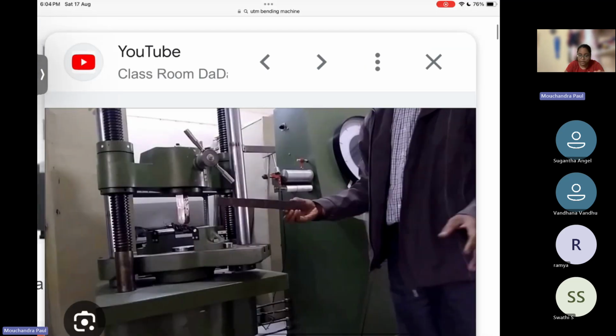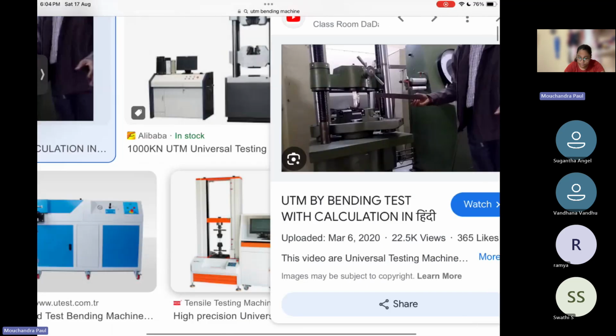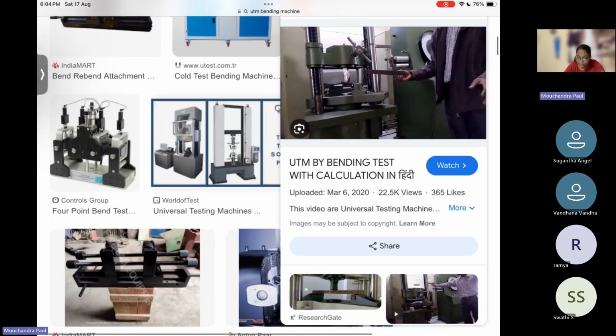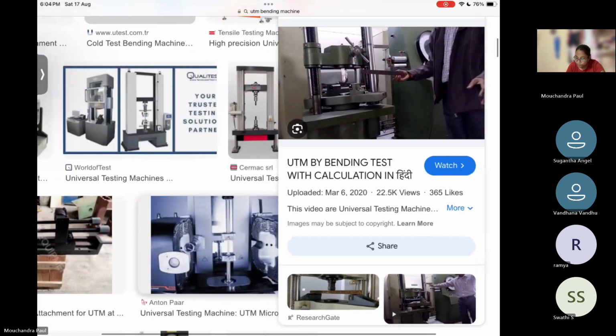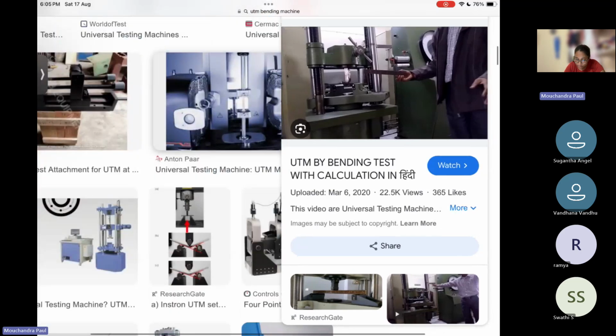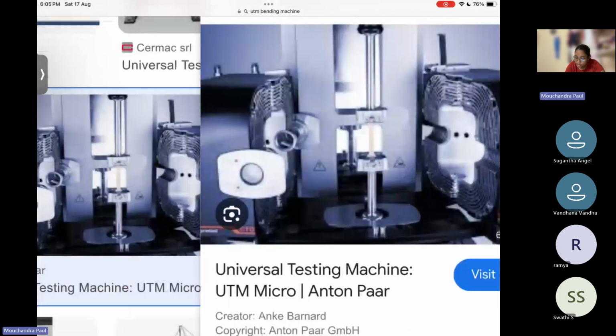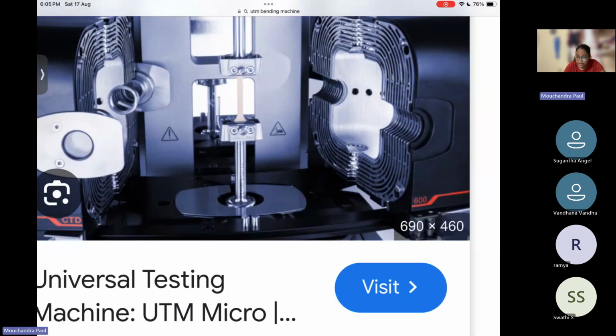So some bending can be done. That is called a bending test. Here I was showing that a sample can be held between the two grips and provided a tension.